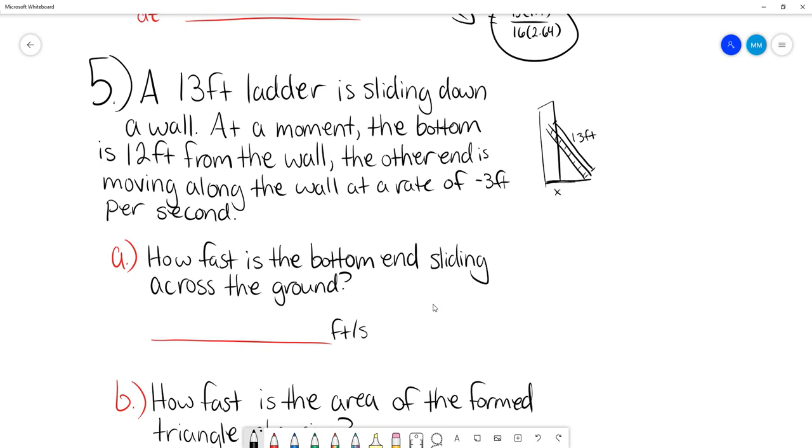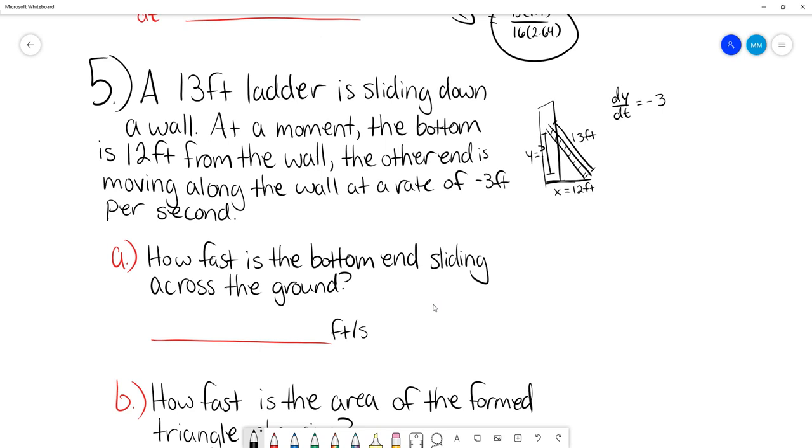So I'm going to call that x and say x is 12 feet. And the other end is moving along the wall at a rate of -3 feet per second. So this end here we'll call y, and we don't know what y is. All we know is that the rate of change of that with respect to time is -3, because that is moving on the wall at -3 feet per second.